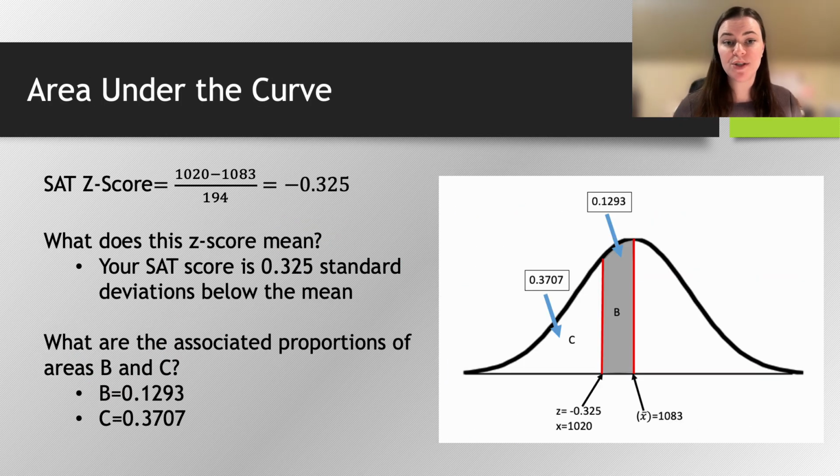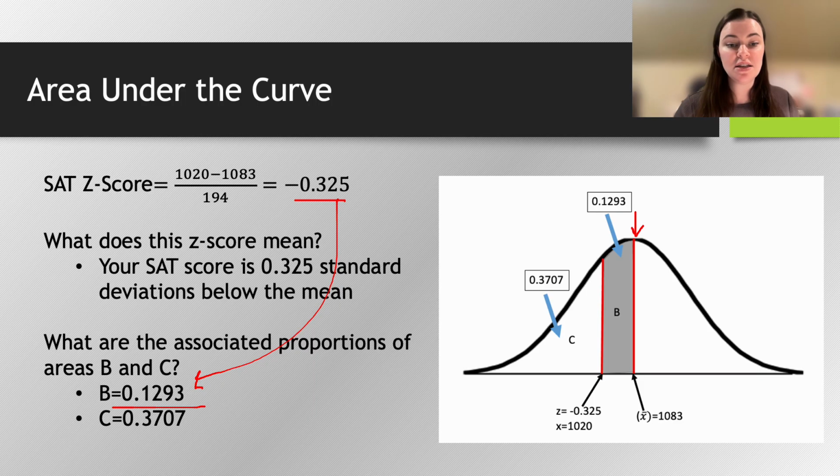As a reminder, our standard normal table is telling us the areas between our mean, so always our middle point here in the normal distribution, relative to our calculated z-score. In this case, area B is associated with a proportion value of 0.1293. Again, I got that straight off of the standard normal table itself, by looking at the value for the absolute value of 0.33, which gave me that answer here.